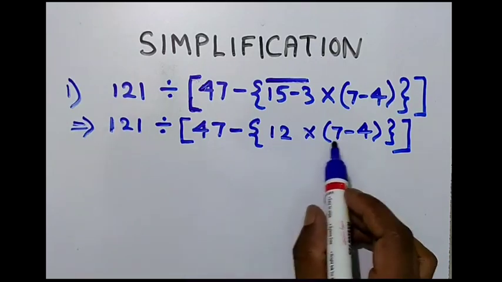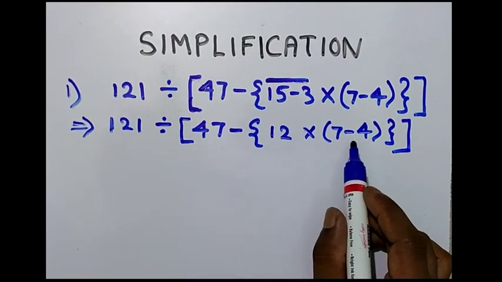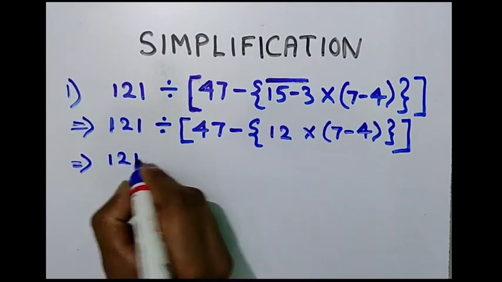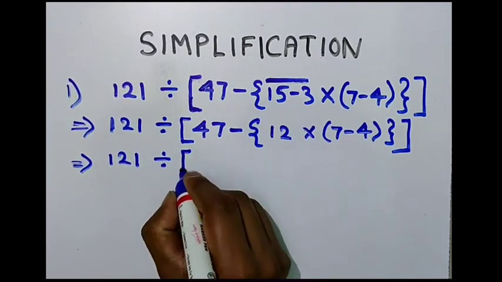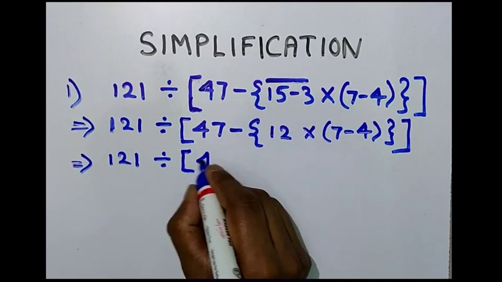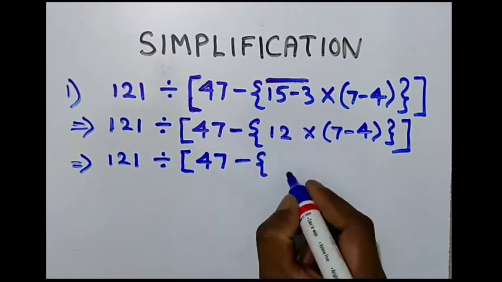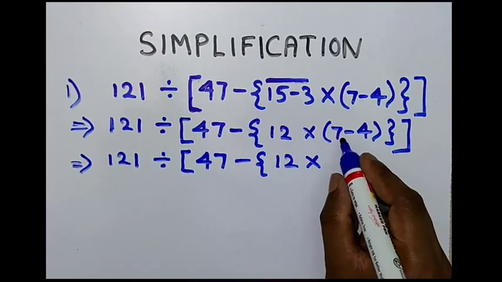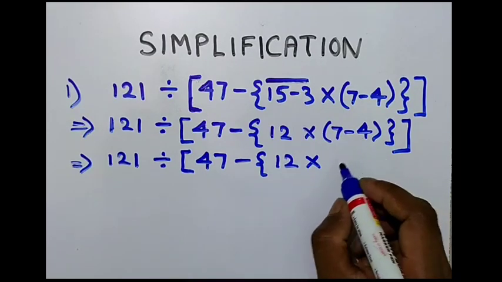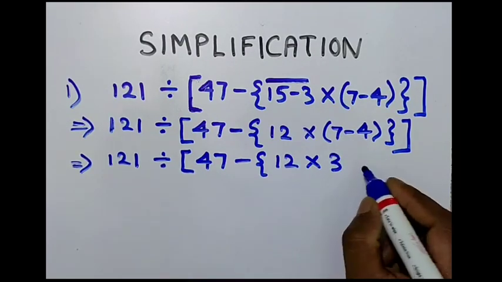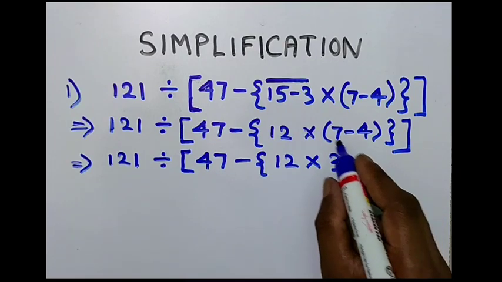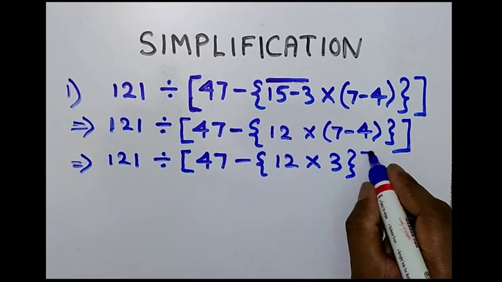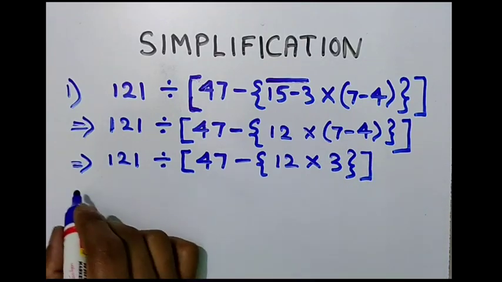And now we have to solve the round bracket, that is 7 minus 4, which will give us 3. So we have solved the round bracket. So now no need to place the round bracket. Simply place the braces and then the square bracket.